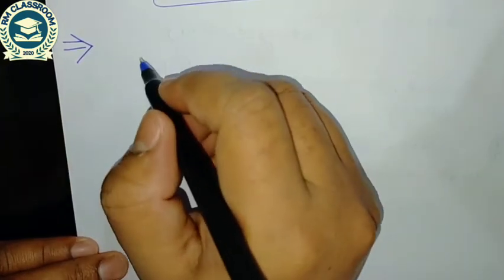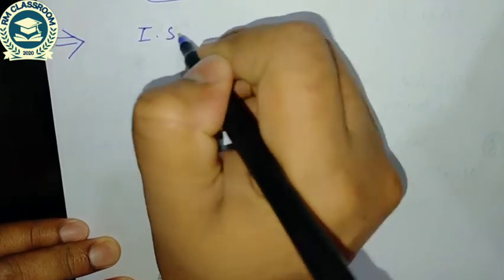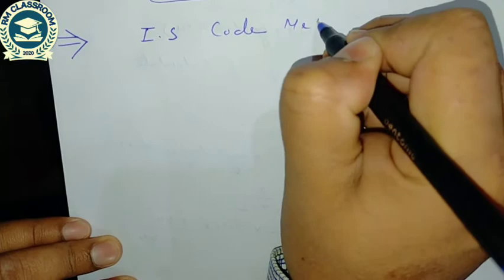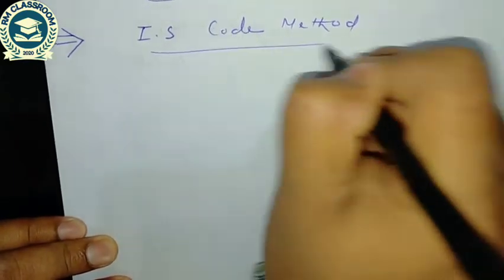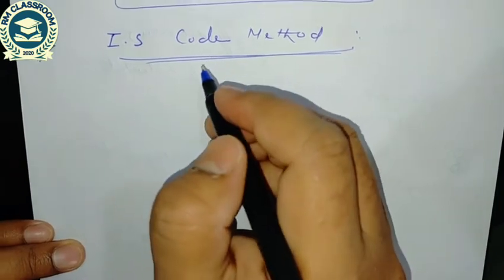So let us start another very important method, that is the last method of slab design, the IS code method.